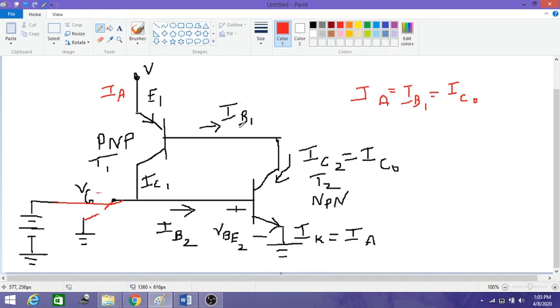Once IB1 is equal to IC2, the transistor T1 is also on. Then the current starts flowing in this way, and then IK is equal to IA.